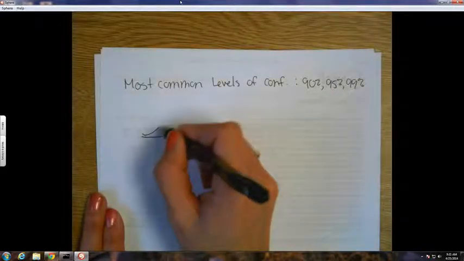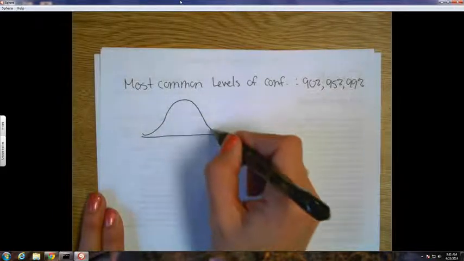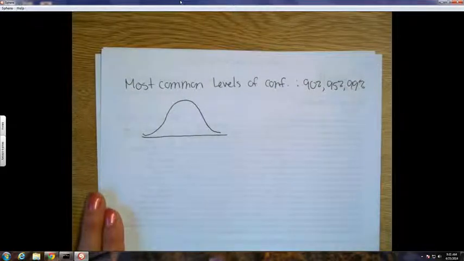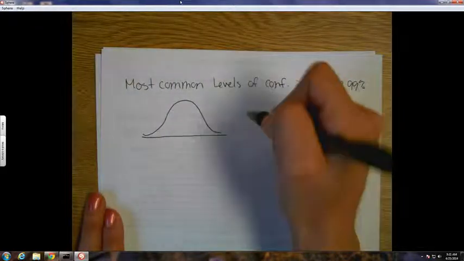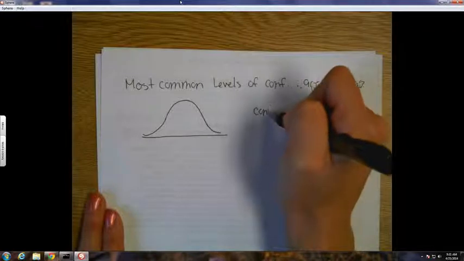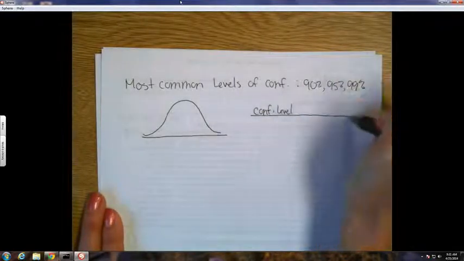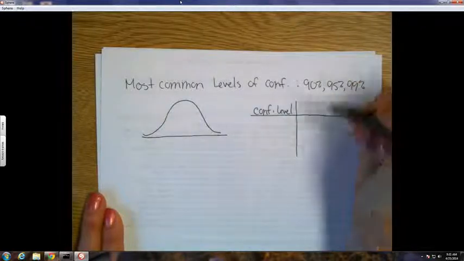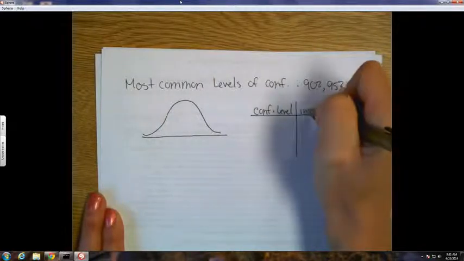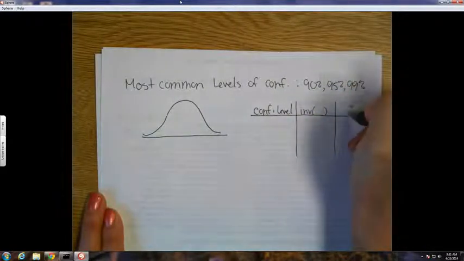Confidence. And what we're going to need are z-scores. So I'm going to make a little table here. So our confidence level, what we're going to use is invNorm, and then the actual z-score outcome.